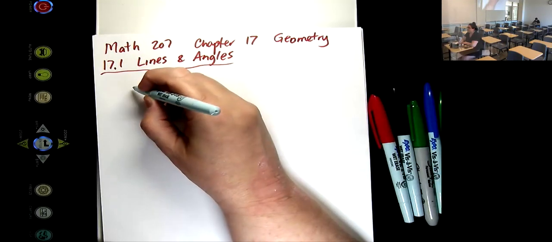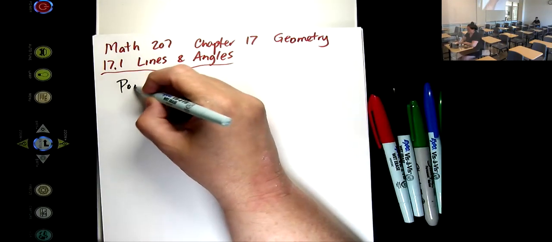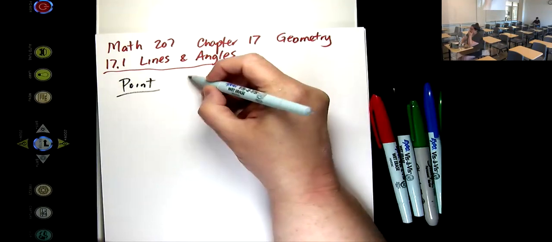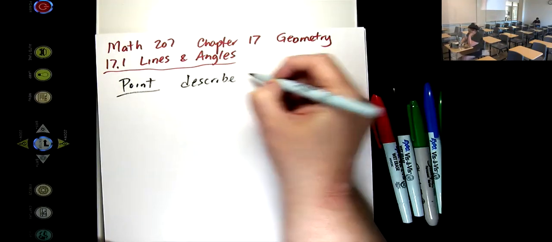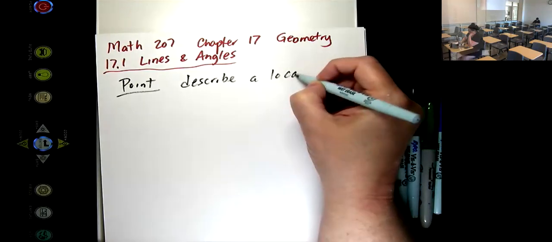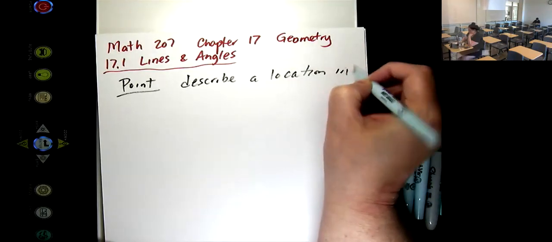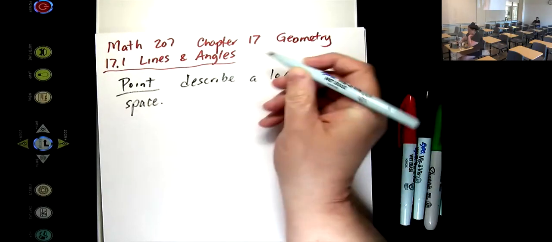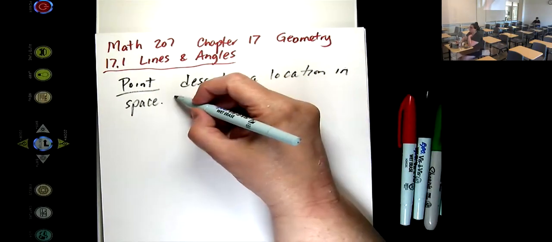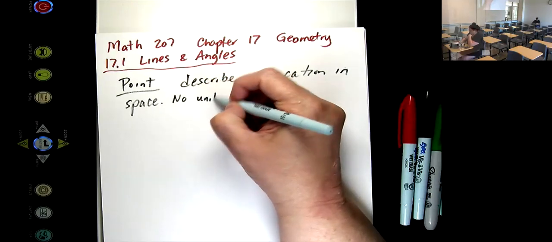So we can have a point. We use the word point to describe a location in space. It has no units and really no size.